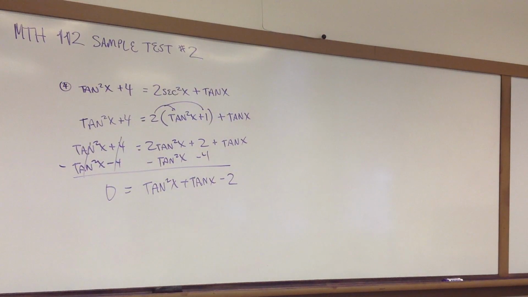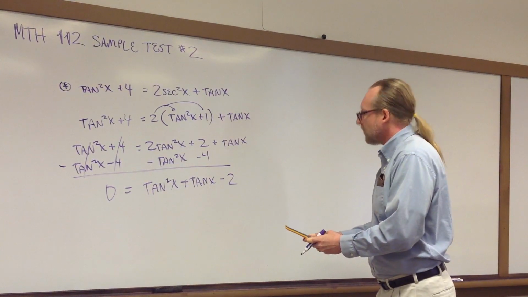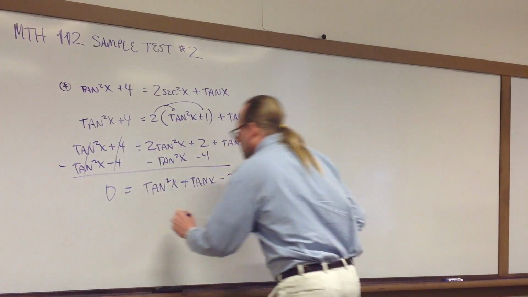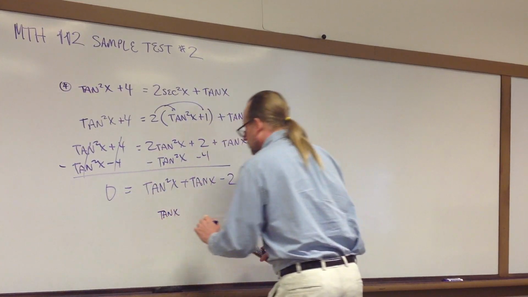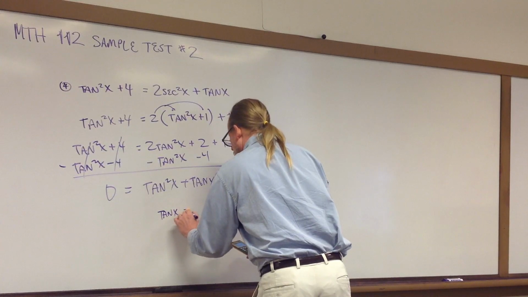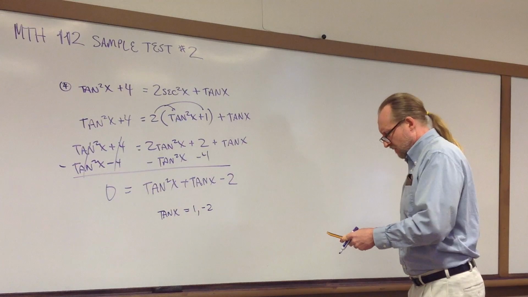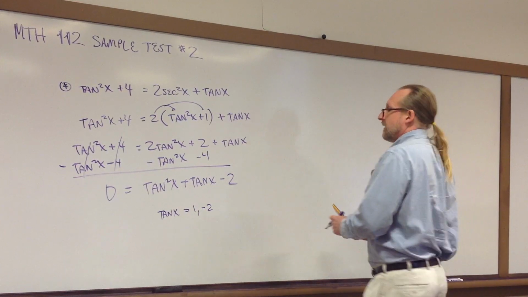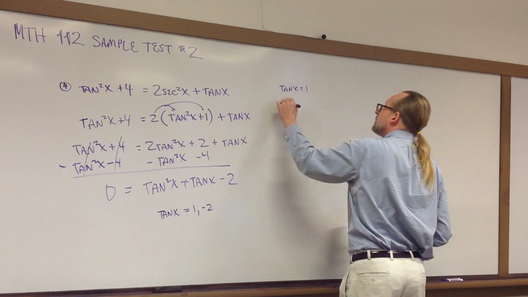All right. So we run this through the quadratic equation. What do we get? Yeah, this is also factorable, which means that we're going to get whole numbers as our answer. So tangent could be 1 or it could be negative 2. So let's take the inverse tangent of 1, and that gives us 45 degrees.